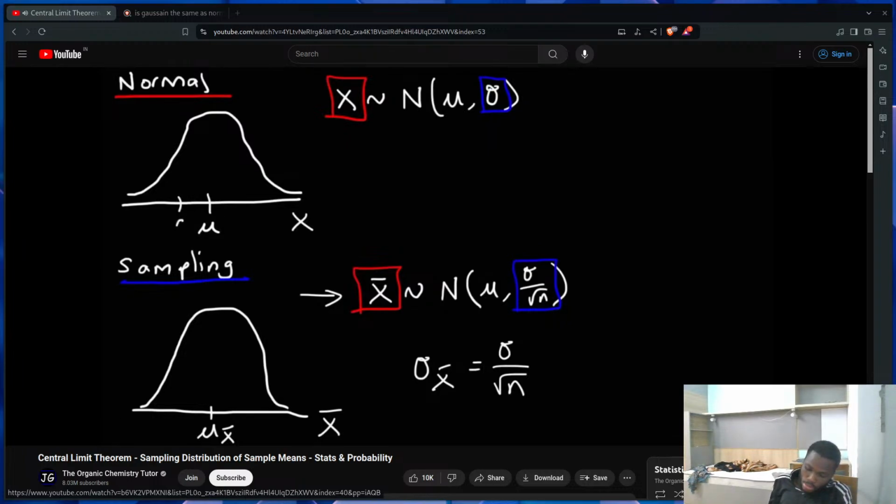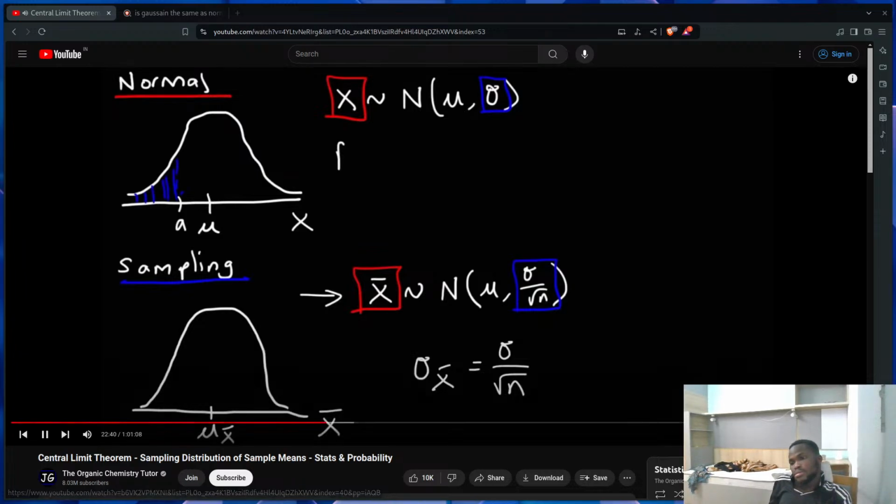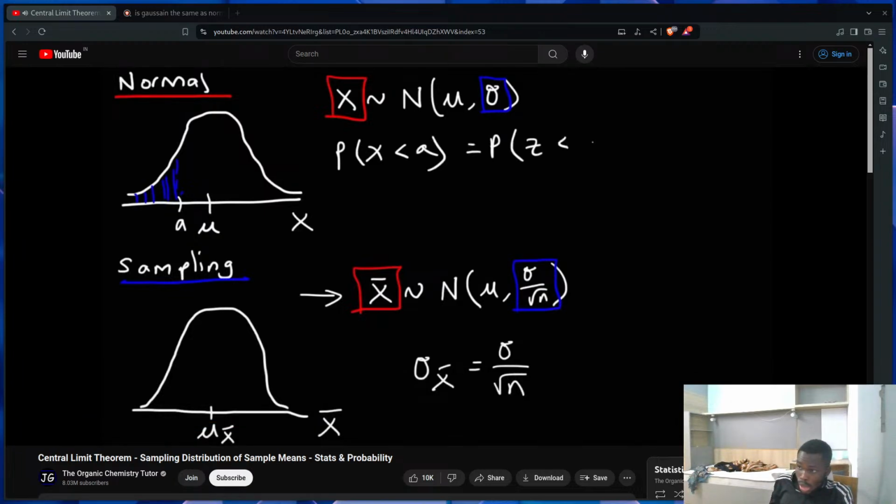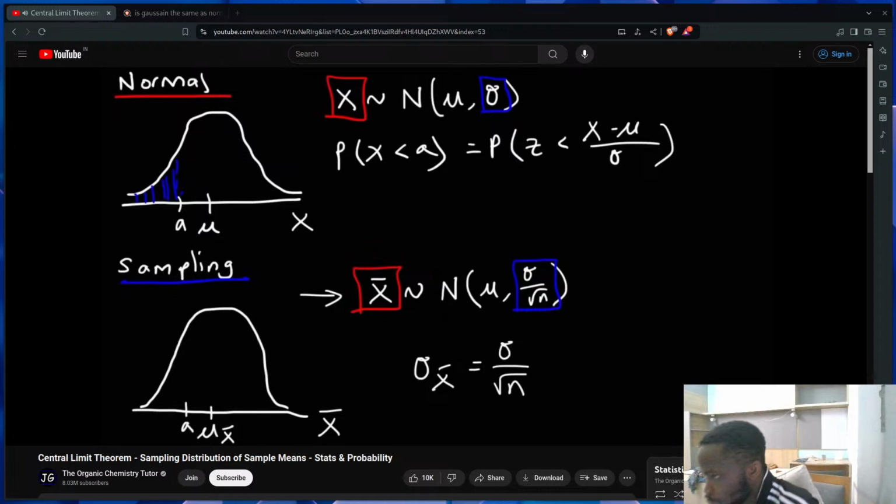Now let's say we want to calculate the probability that x is less than a. To do that, we need to calculate the probability that z is less than x minus mu over the standard deviation if we have a normal distribution. Now for a sampling distribution, let's say we want to do the same thing.